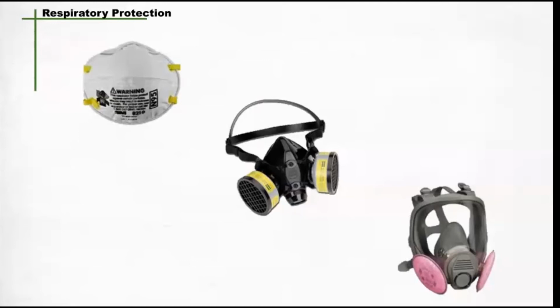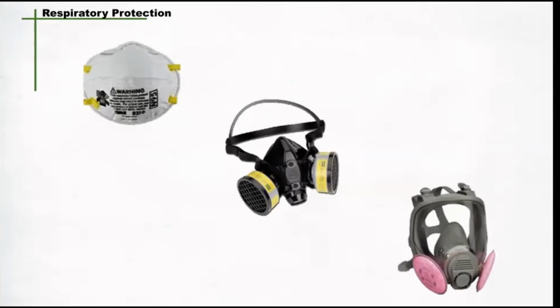When we take a look at the respirators on the screen, you'll notice the top left is an N95 looking mask. Potentially there's 3 different ratings and 3 different efficiencies. N means not resistant to oil. P means strongly resistant to oil, and R means some resistance.